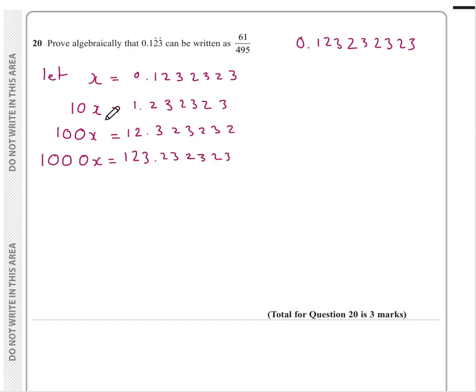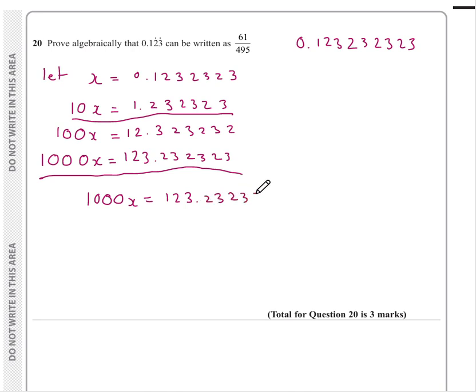So the two that I'm interested in are these two. You can see if I subtract one of these from the other, it's going to get rid of everything after the decimal place. Okay, so it's always good to stay organized. I'm going to rewrite this. So 1000x is going to be 123.23, and 10x is going to be 1.23.